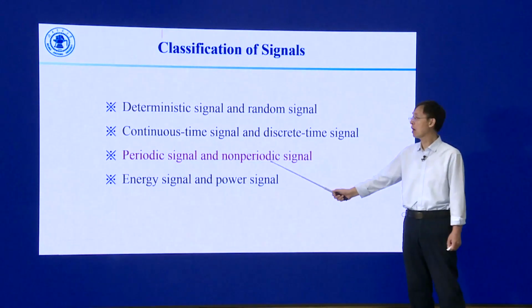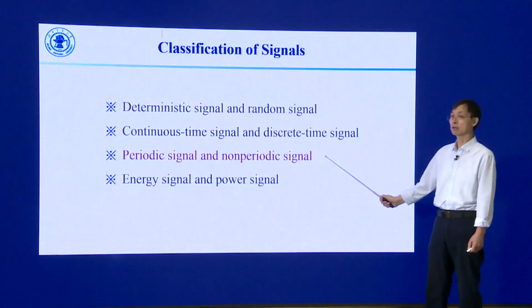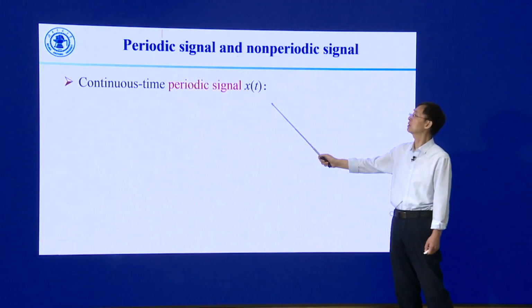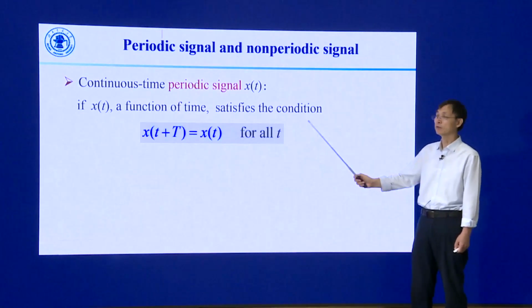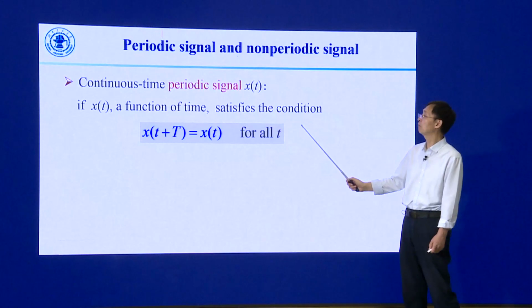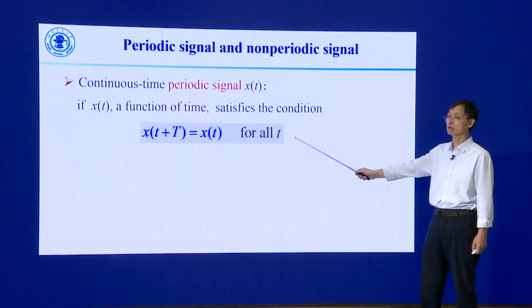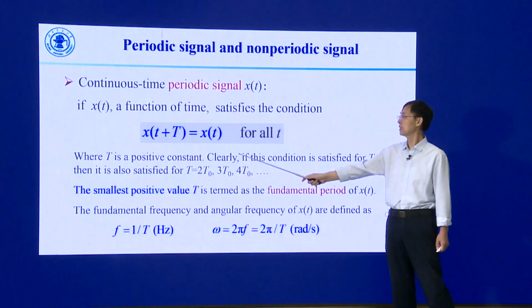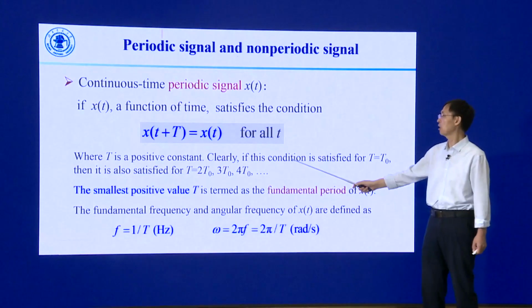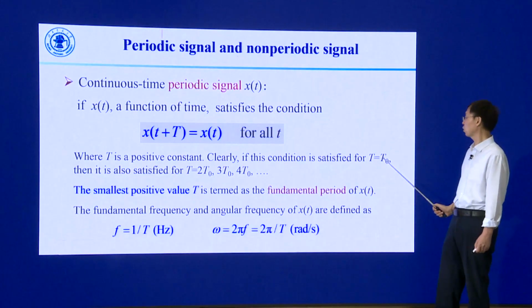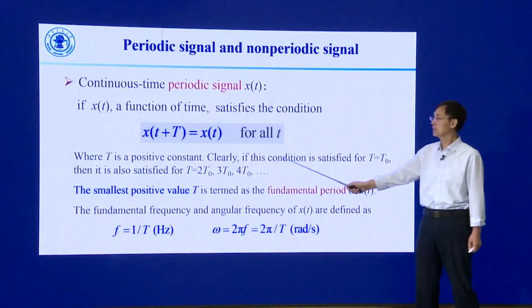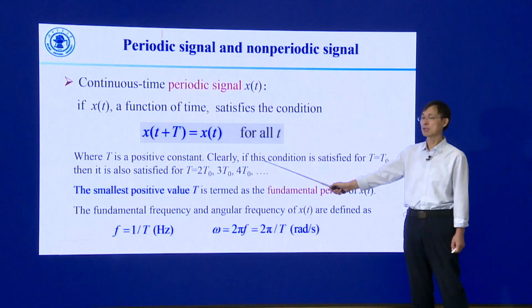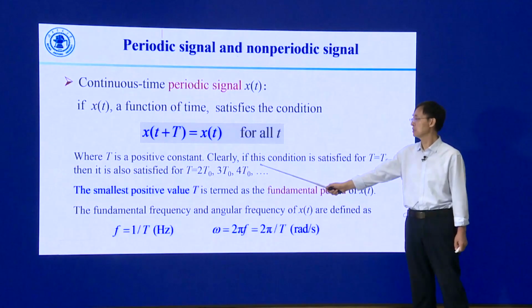Now we'll discuss the periodic signals and non-periodic signals. For a continuous time periodic signal x of t, if x of t, a function of time, satisfies the condition x of t equals x of t plus T for all t, where T is a positive constant. If this condition is satisfied for T equals T0, then it's also satisfied for T equals 2 times T0, 3 times T0.